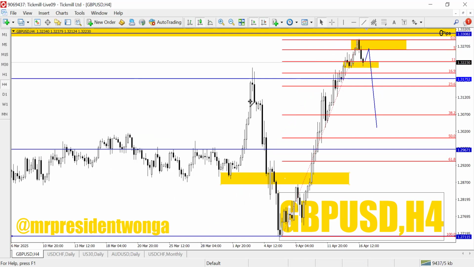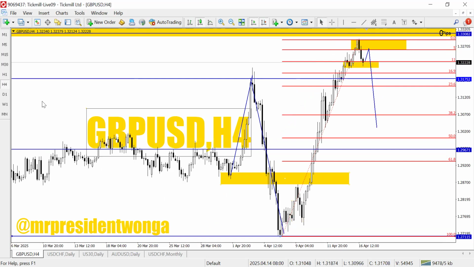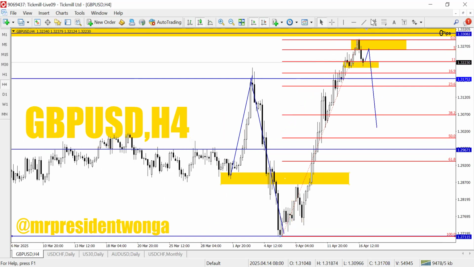So this pattern, the price moved towards this level and it dropped there. Let me remove this. And it dropped towards that level. And it moved there. Okay. So it should come back to this level.